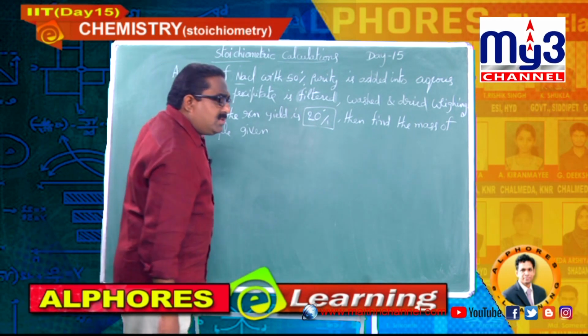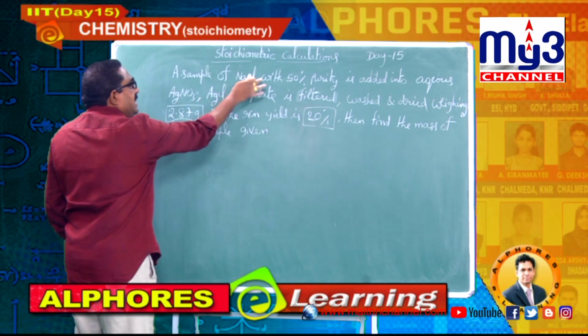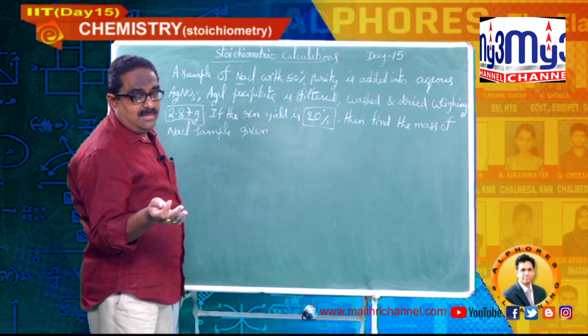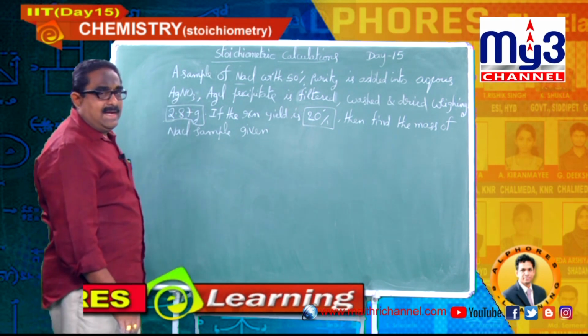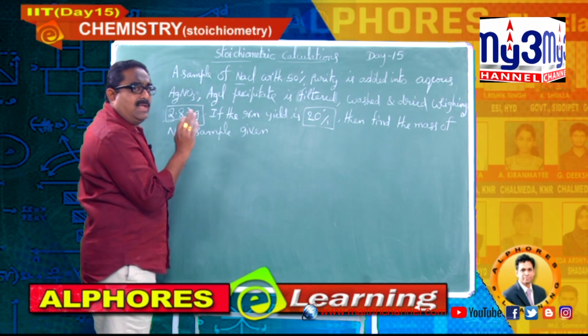I have to start with this data, because no data is given for sodium chloride and he is only saying 50% pure. Now you have to start with this data, 2.87 grams. First of all, let me write down the equation.